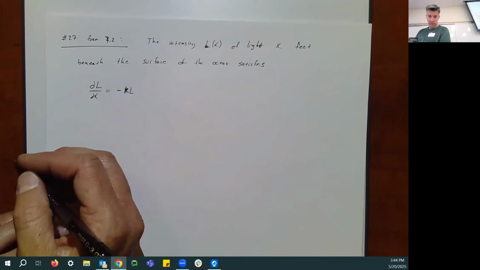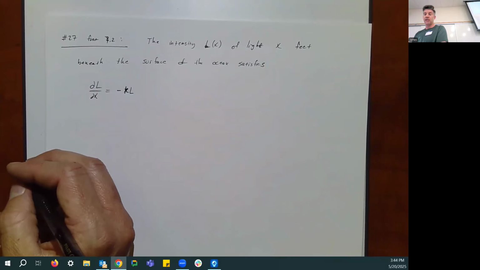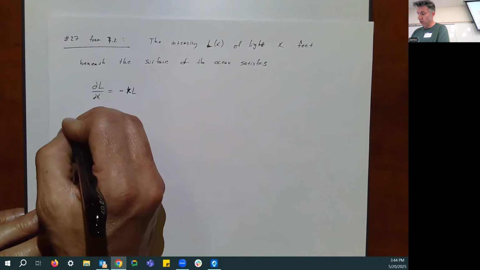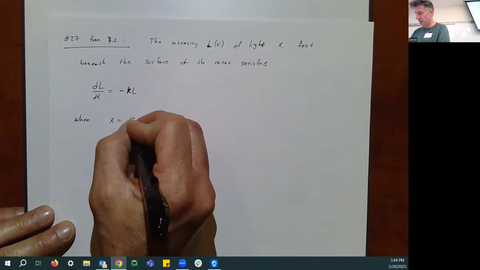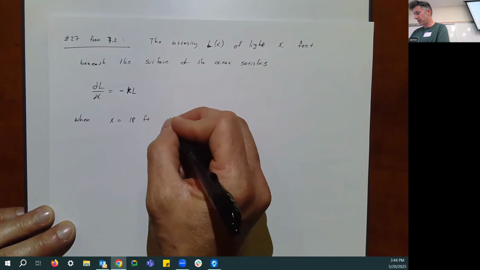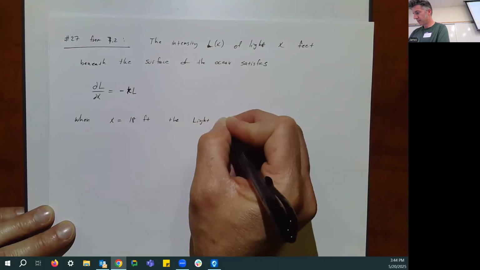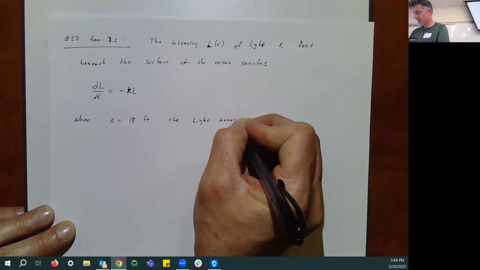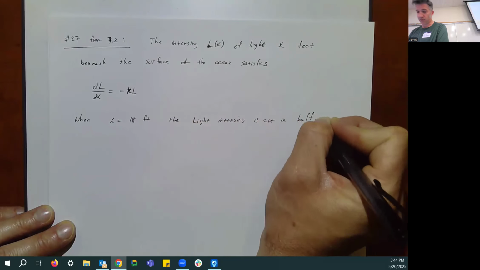As a diver, you know from experience that diving to 18 feet cuts the intensity in half. So when x is equal to 18 feet, the intensity is cut in half. We're going to do more with that in a second.